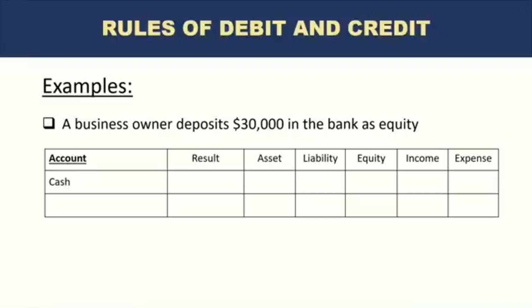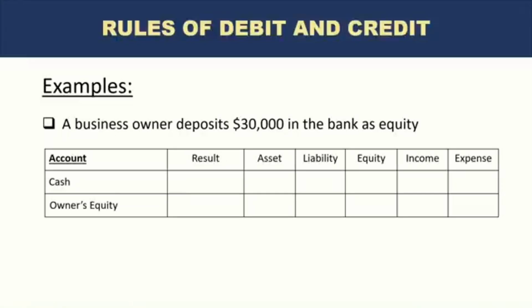Okay. So the first item is cash. What is the other one? Well, actually, you can see that in the example. It's the equity. This initial deposit is made by the owner of the business as equity. So this is a contribution from the owner, and it will directly impact the equity of the business. Okay. So we have cash on one side, we have owner's equity on the other side.